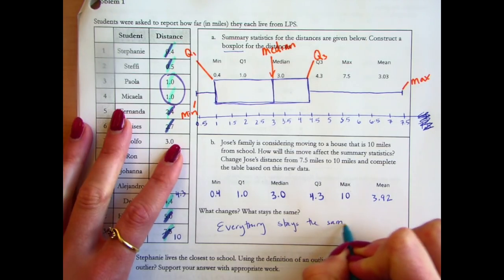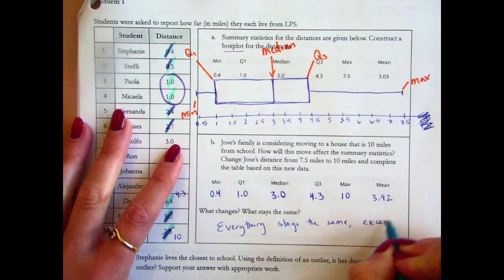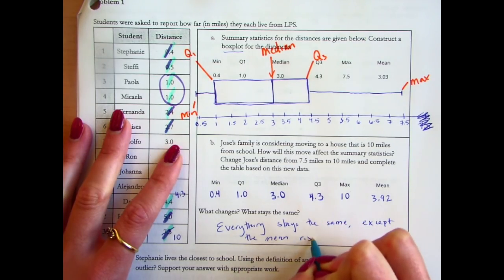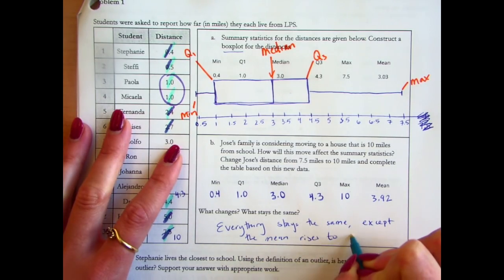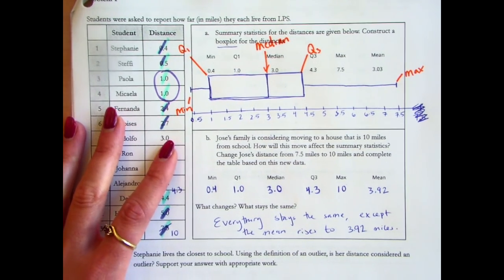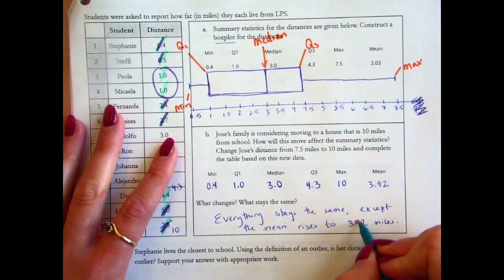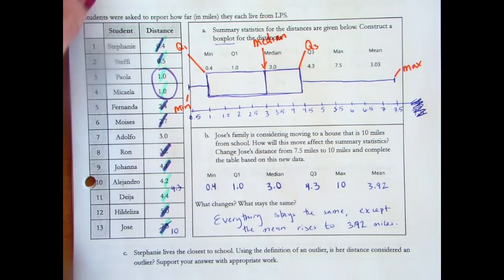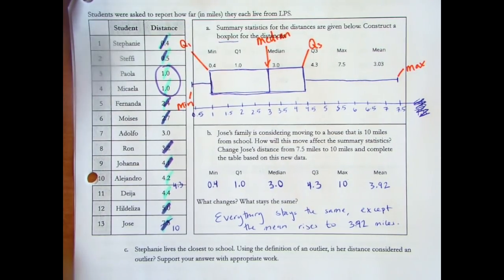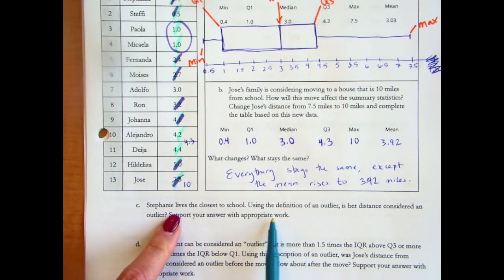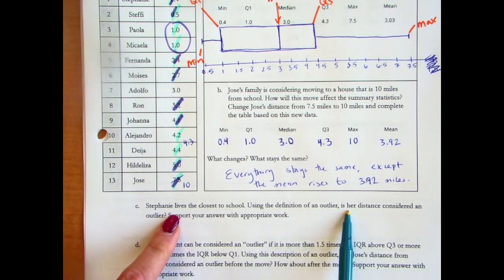Okay, so I am told to use my definition of an outlier, so I'm going to do that. I know that an outlier is, as we learned earlier today, a data point that is more than 1.5 times above Q3 or 1.5 times below Q1, and I just wrote out a little equation here to help me.